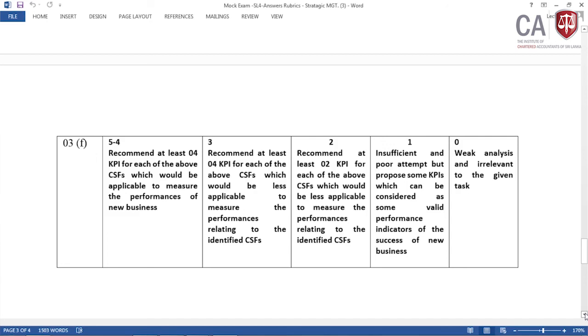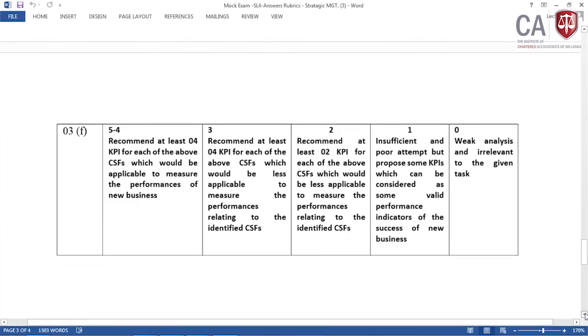Recommend at least 2 KPIs for each of the above CSFs which would be less applicable to measure the performance related to the identified CSF, 2 marks. 1: insufficient and poor attempt but propose some KPIs which can be considered as valid performance indicators of the success of the new business. 0: weak analysis and irrelevant to the given task.